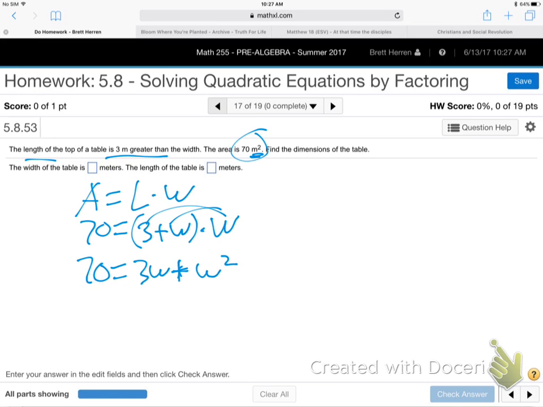We good to there? The W squared, the sea monster, has reared its ugly head all of a sudden. What do we do as soon as we see W squared? Get a 0. That's got to be the knee-jerk reaction. As soon as you see W squared, automatically get a 0.